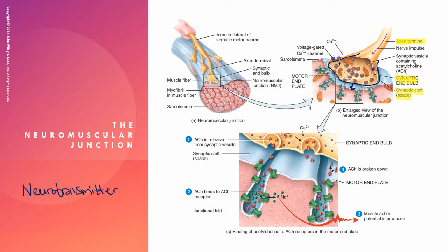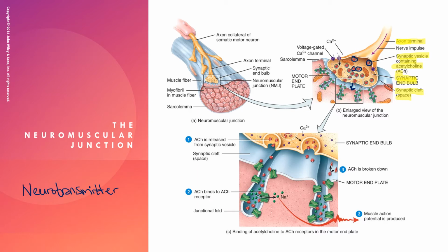And within each bulb, we have hundreds of these membrane-enclosed sacs called synaptic vesicles. You can see them right here, these little circles with neurotransmitters in them.